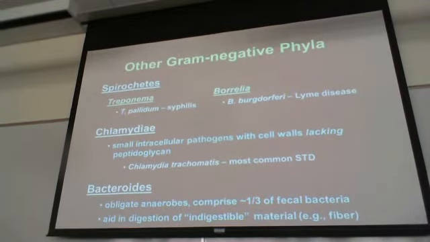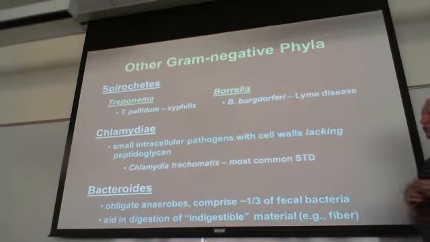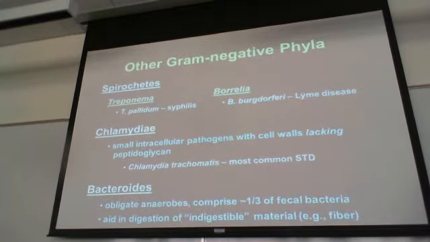All right, and then last, and I guess not least, Bacteroides. Species of Bacteroides are obligate anaerobes that are very, very common species that live in the gut, the large intestine. And they're good guys. Okay?